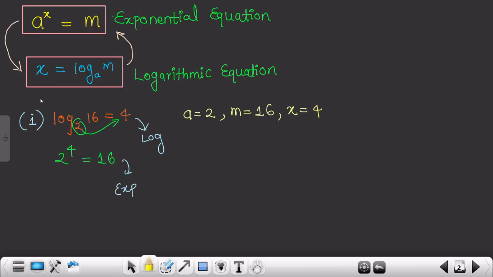This was the very first numerical: log to the base 2 of 16 is equal to 4, that is, log 16 to the base 2 is equal to 4. We took out the values of a, m and x, and since a raised to x is equal to m, we adjusted it as 2 raised to 4 is equal to 16.